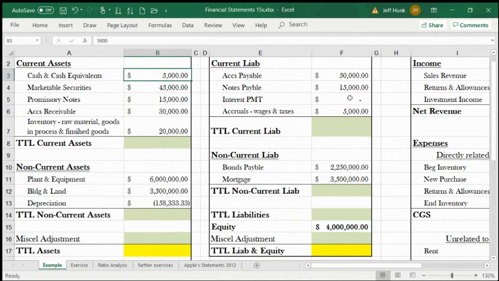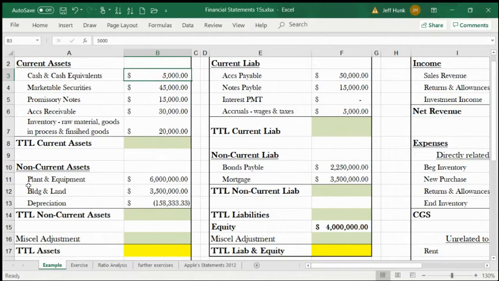Whatever revenue is entered in the income statement, if that's all cash, that will increase the cash balance as much as the sale. But most of the business-to-business sales are not in cash, but in promissory notes or accounts receivable. So then what's going to happen? That's going to increase the accounts receivable or the promissory notes, right?